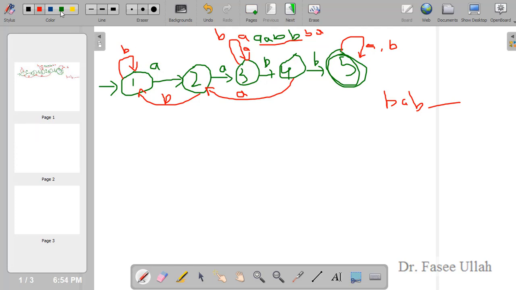So what is the modification in this figure? The modification in this figure, let me show you by yellow color. I will change this non-final state to a final state, these two.